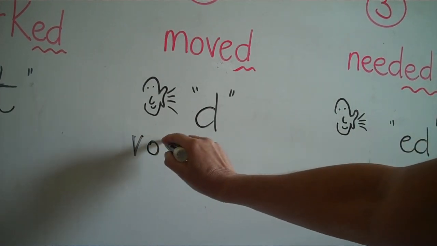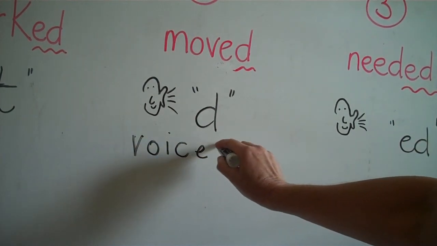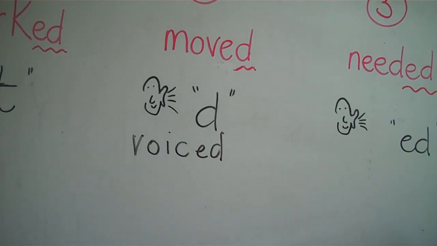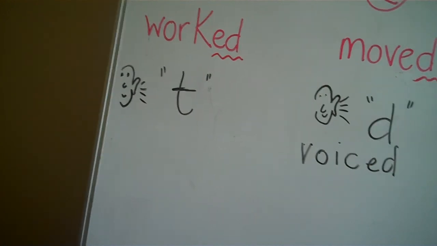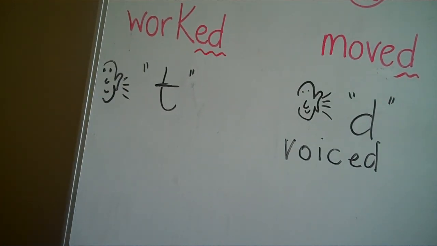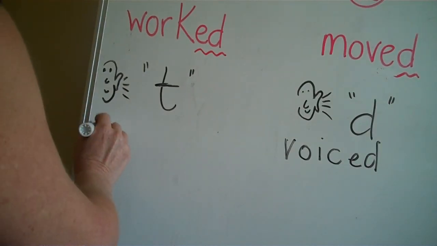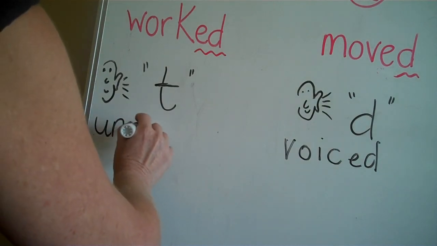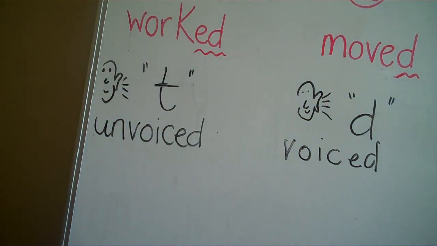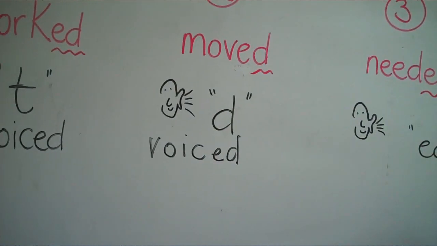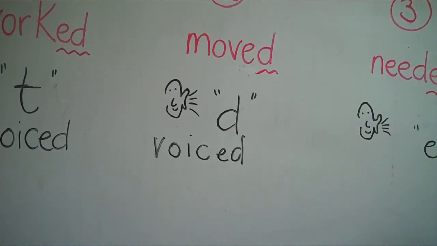It's voiced because your throat is moving. With number 1, there's no moving. This is unvoiced. When there is no moving of the throat, there's the T sound. When there's moving in the throat, it's the D sound, and that's voiced.